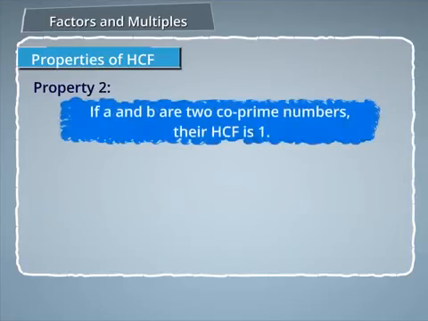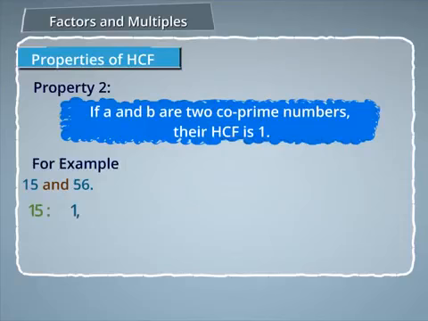Property 2. If A and B are two co-prime numbers, their HCF is 1. For example, suppose there are two co-prime numbers, say 15 and 56. The factors of 15 are 1, 3, 5 and 15.